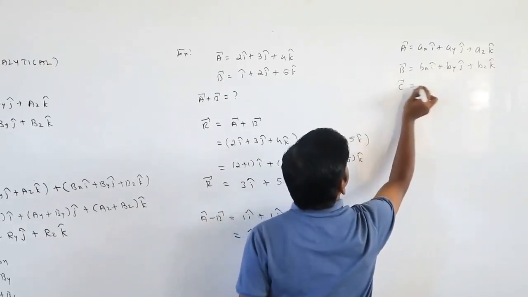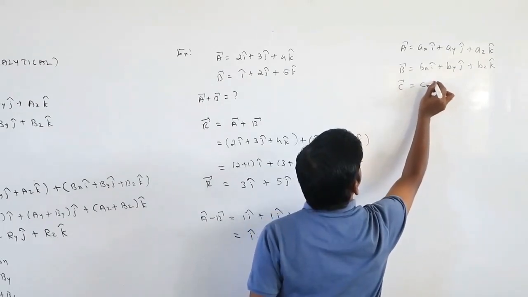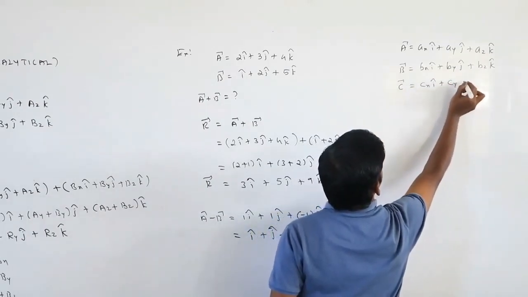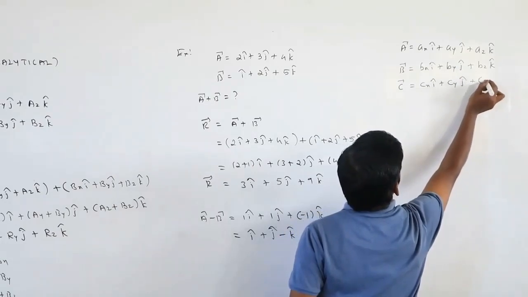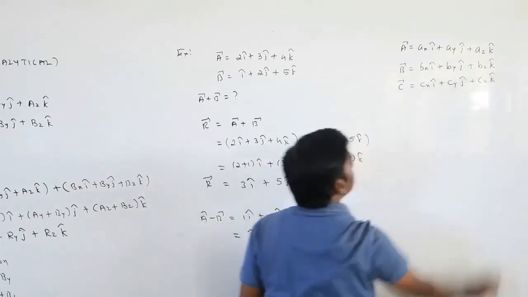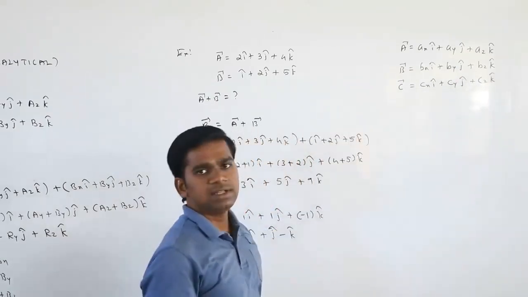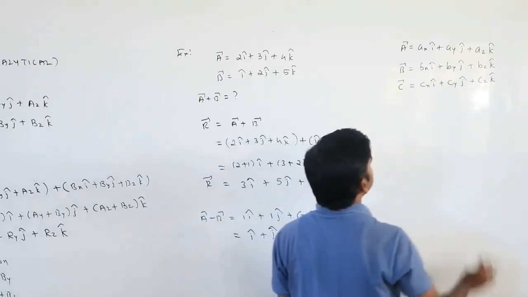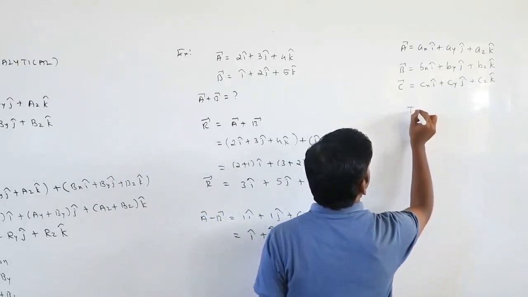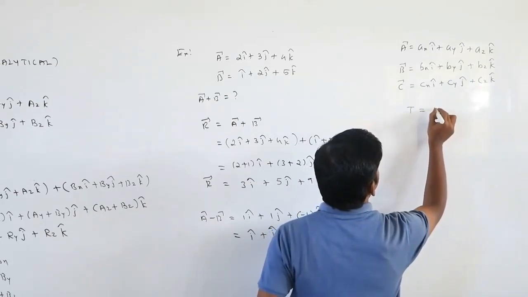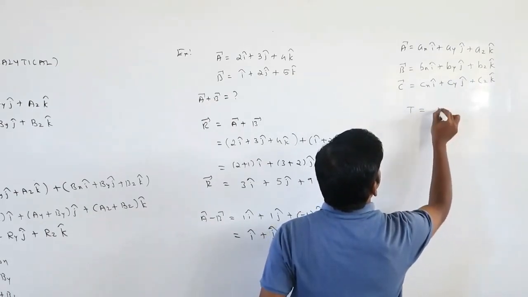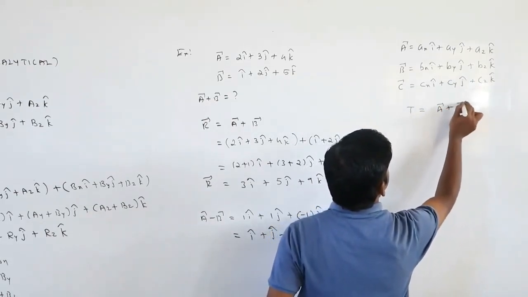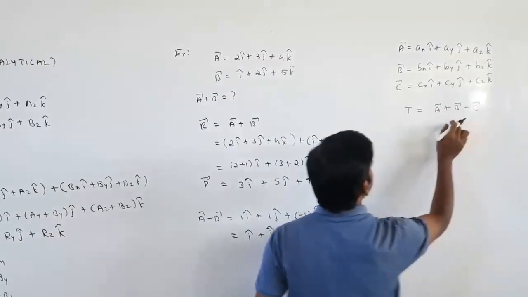Similarly, vector c is given as cx i cap plus cy j cap plus cz k cap. What they have asked is to find t equals vector a plus vector b minus vector c.